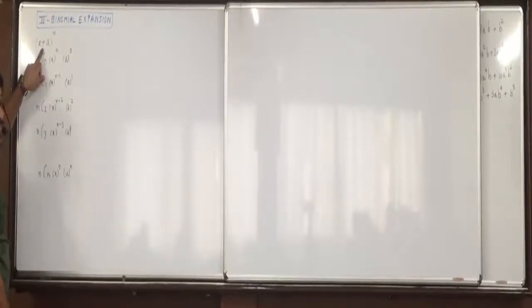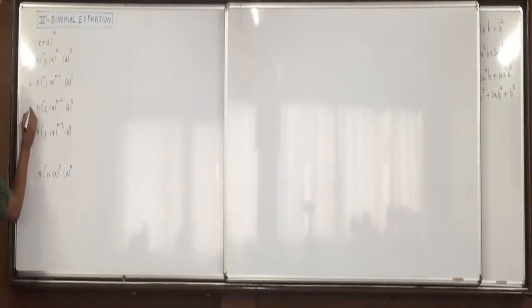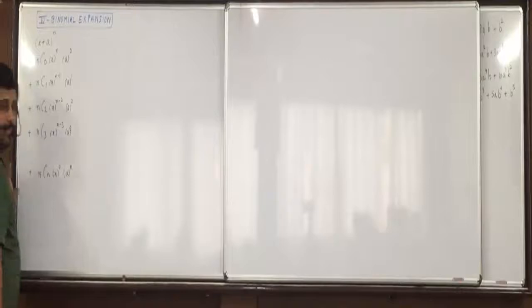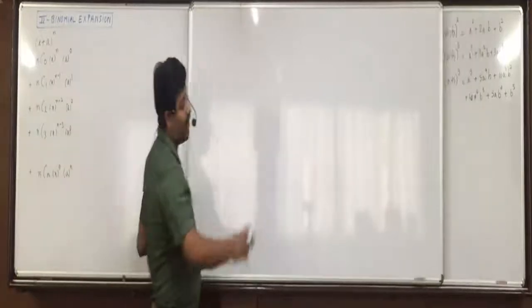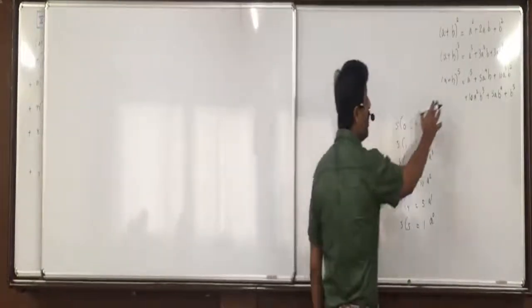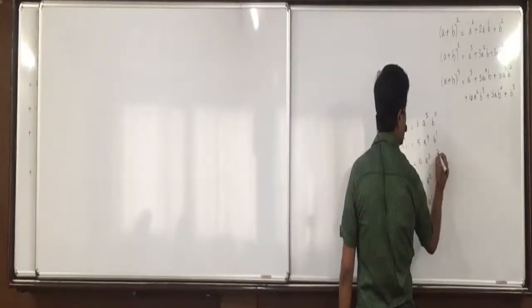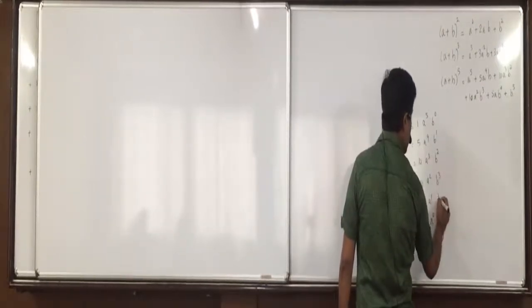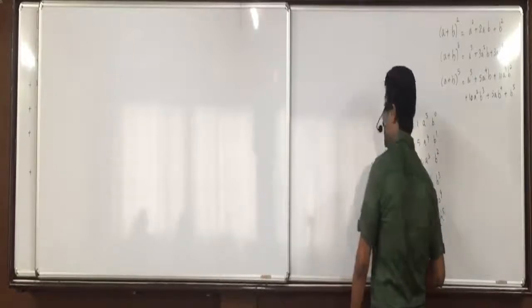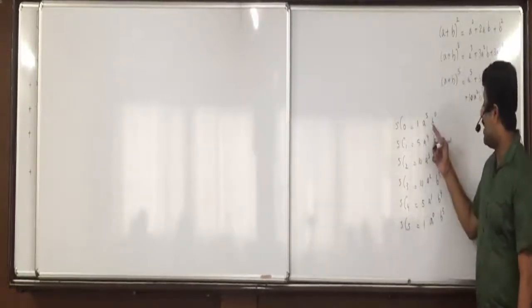And what is in between, the sign? Everywhere you'll have plus. For example, here the second variable is b. You'll start with b raised to 0, b raised to 1, b raised to 2, b raised to 3, b raised to 4, b raised to 5. What is anything raised to 0?